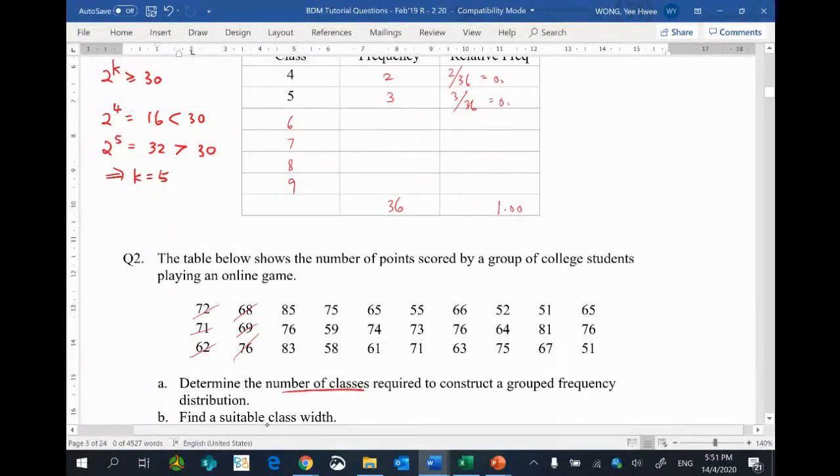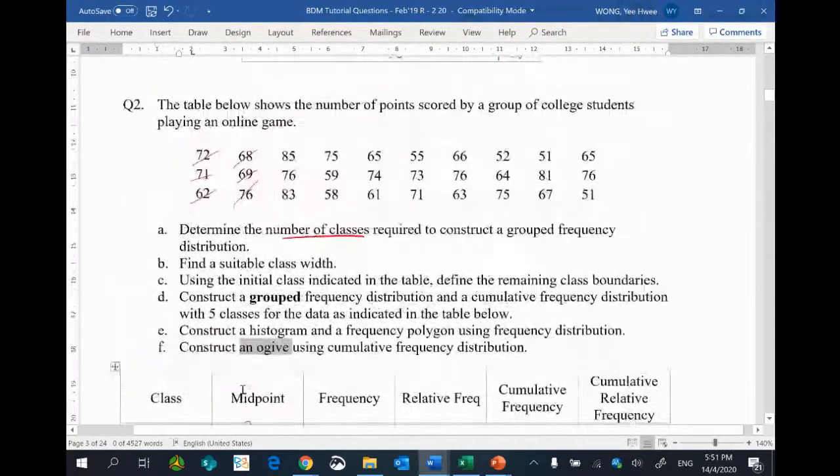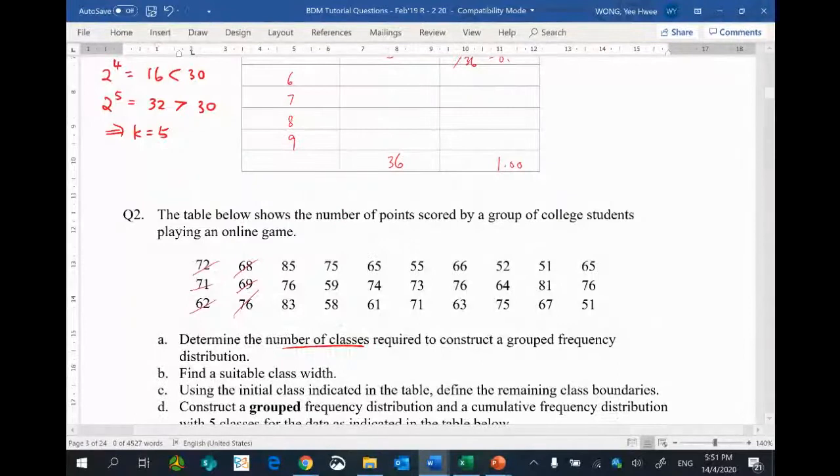Next, find the suitable class width. You have the smallest number, 51, and the biggest number, 85. Okay, 51 is here. 85, is it the biggest? Yeah.